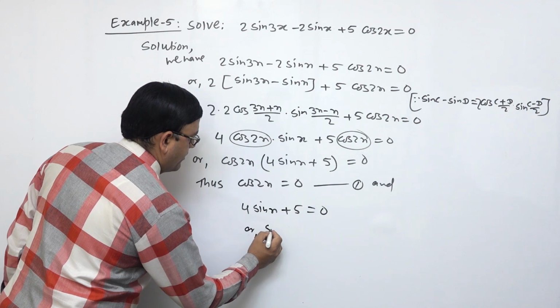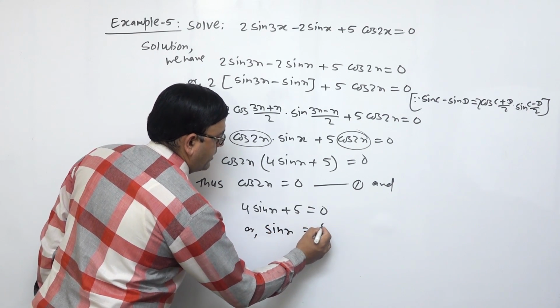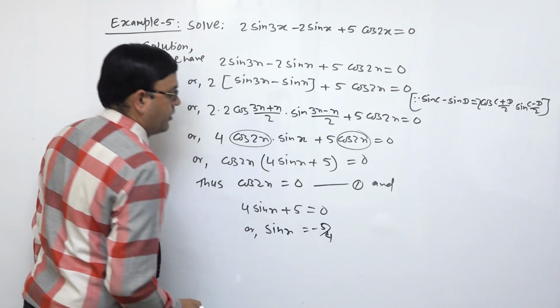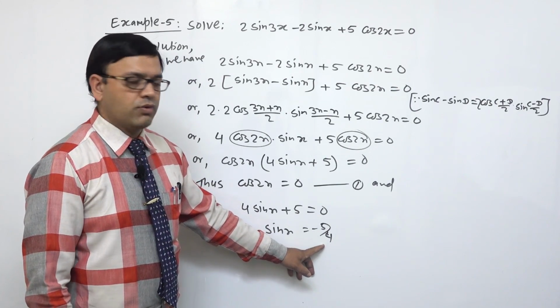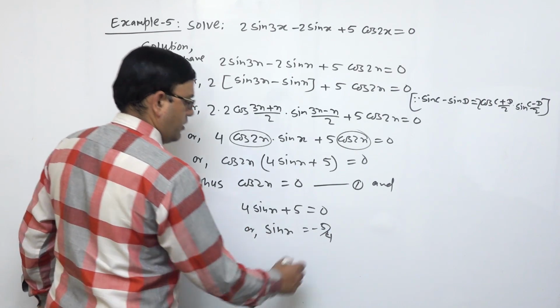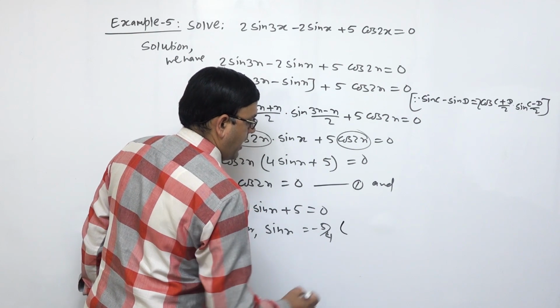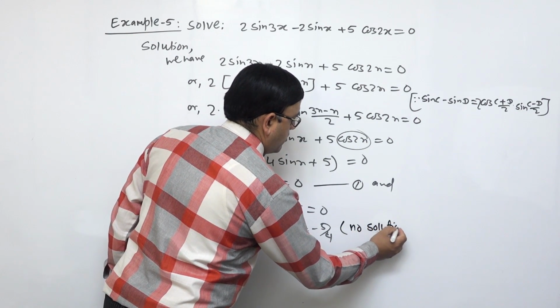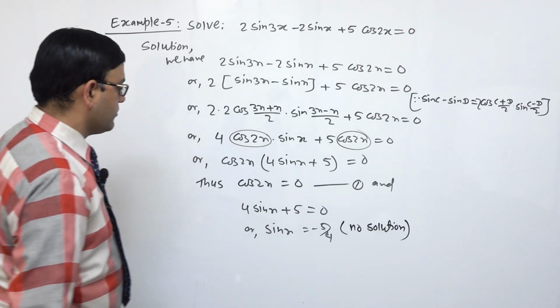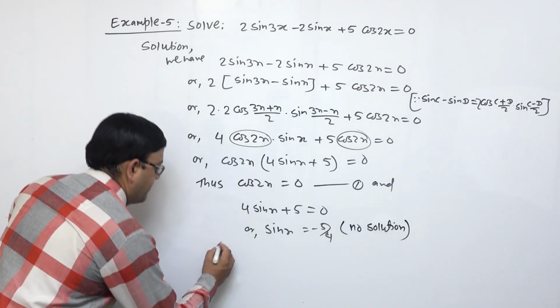Or we can write sin x is equal to minus 5 by 4. This 5 by 4 is more than 1, so it does not have a solution. So we can write no solution.